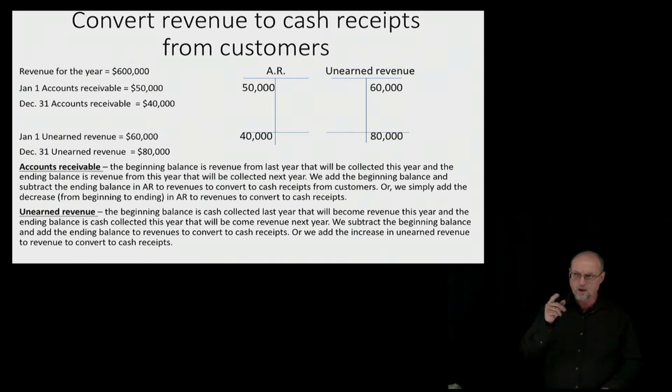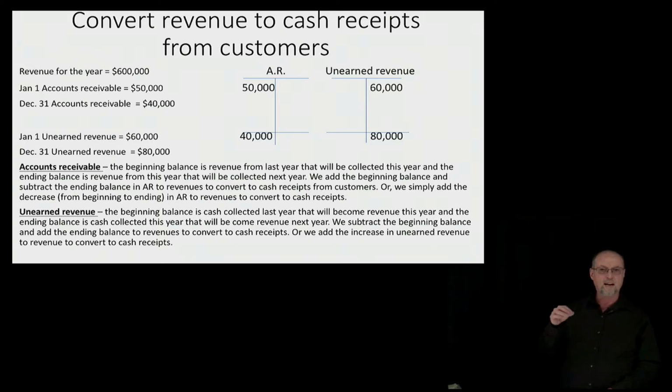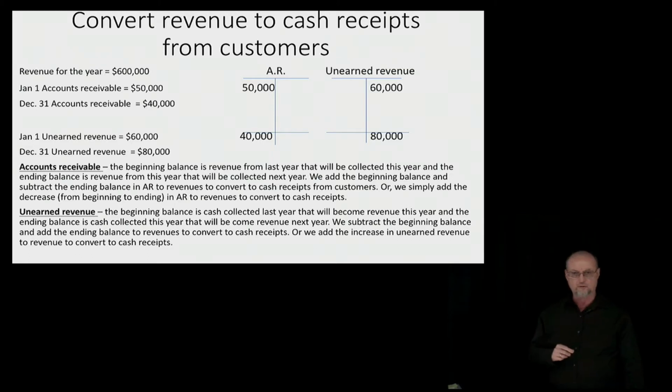So that unearned revenue, the beginning balance, we collected that cash last year. However, it'll become revenue this year. Ending unearned revenue, debit cash, credit unearned revenue. It's not revenue from this year. However, we collected the cash this year. It'll become revenue next year, but we're not analyzing next year.